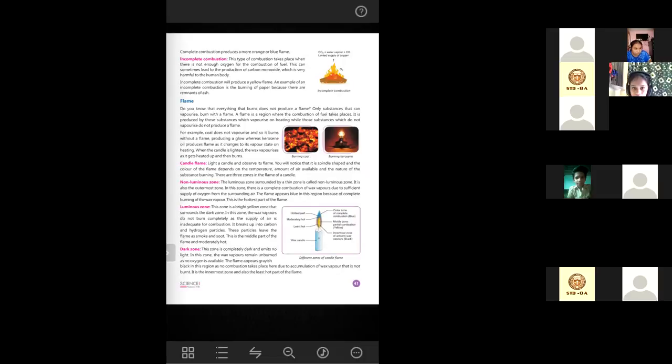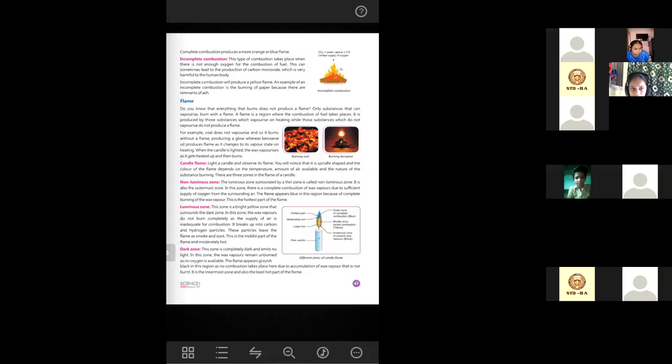So the outermost zone is in direct contact with the atmospheric oxygen, right? So there, in the outermost layer, we can see complete combustion or complete burning. This is why the temperature is also maximum there.